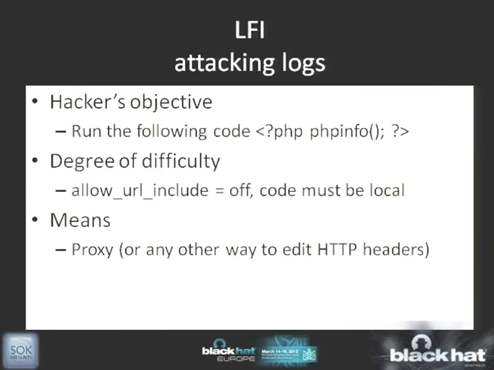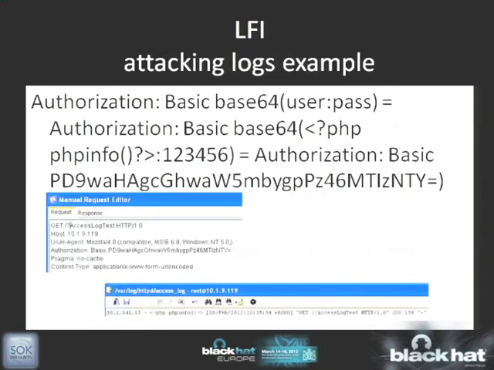So this time, the hacker's objective is to run phpinfo locally, because allow_url_include is now set to off. We will use a proxy to show it, but it's not mandatory. There are other ways to do it. Again, we will abuse the authorization header, which is really a base64 encoded user and password.